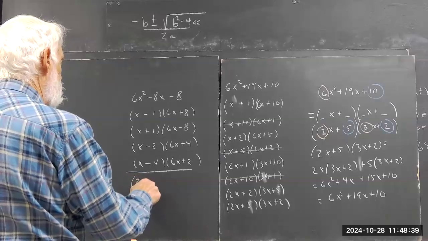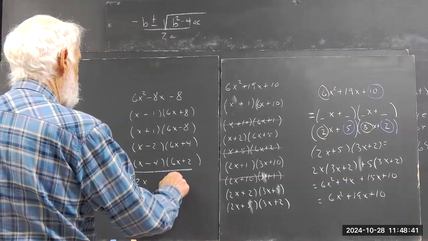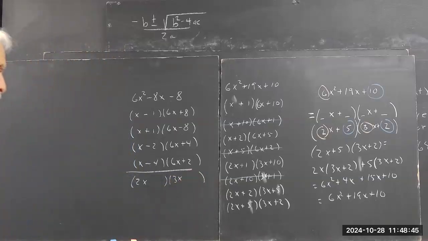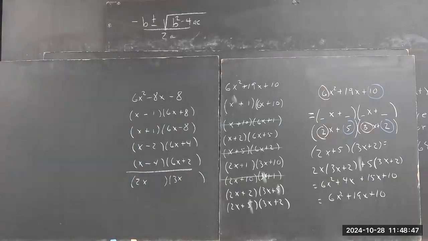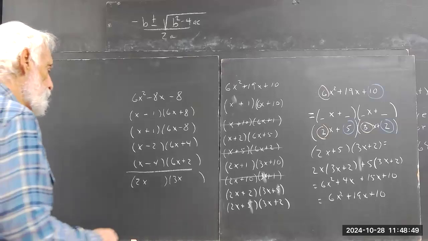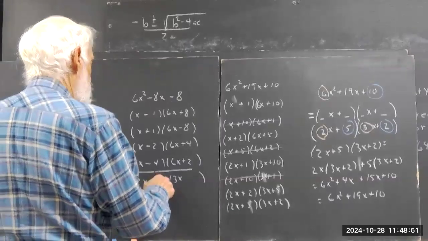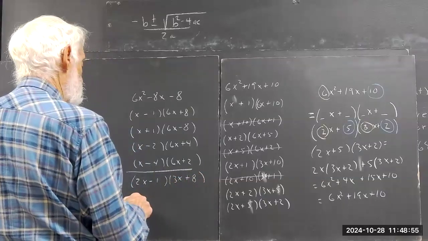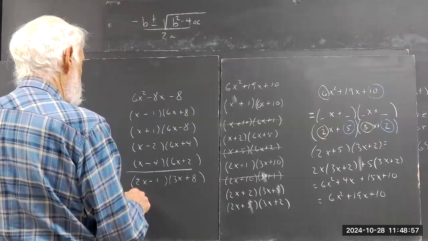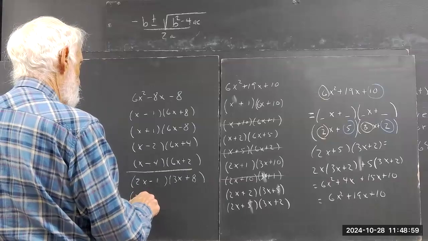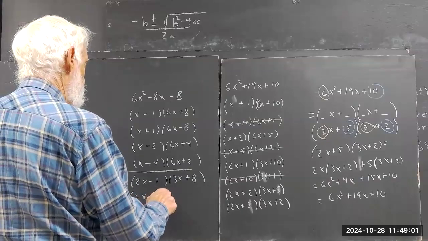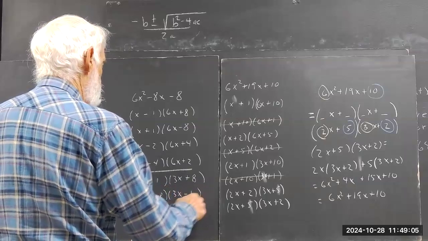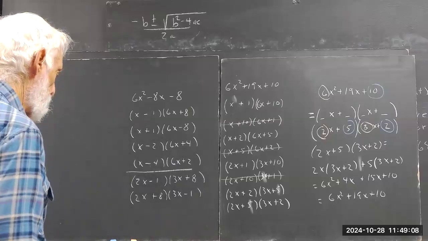Then we'll do 2x, 3x. Again, we go with minus 1 plus 8. Minus 1 here.